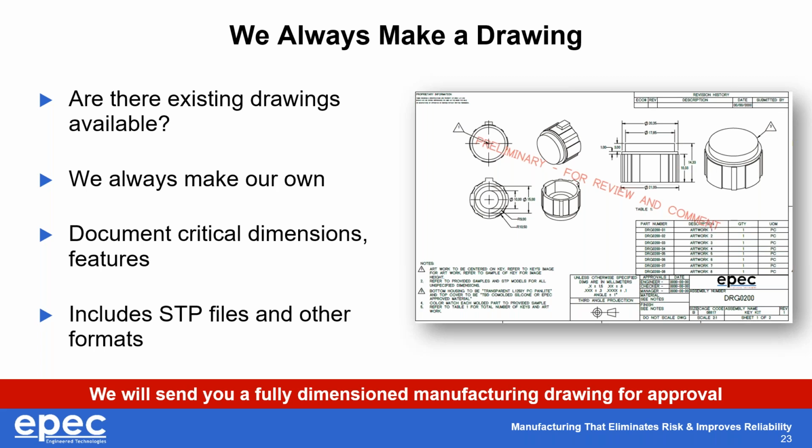The other reason that we always make a drawing is because it helps us document any critical requirements or dimensions or materials. And we use this as a mechanism to communicate with our customers so that there's no surprises, so that we can get to market faster and that we're not scrapping or wasting parts because there's a miscommunication about the material or color or tolerance associated with a given part.